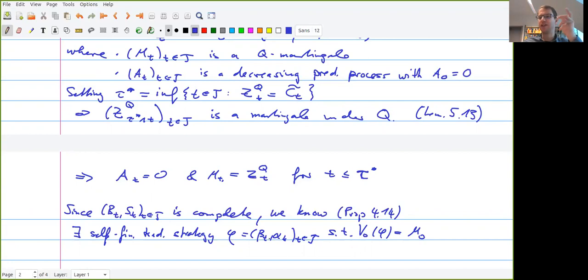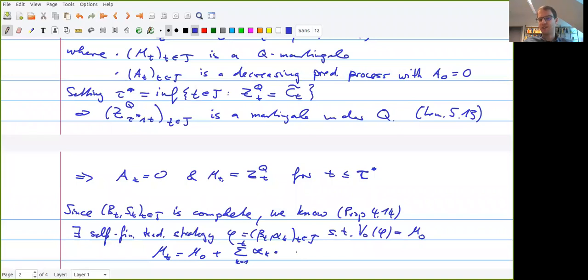So the initial capital I need for this self-financing trading strategy is M0, and at time t, it's nothing else than my initial value M0 plus the stochastic integral, and I can represent it as a self-financing trading strategy.